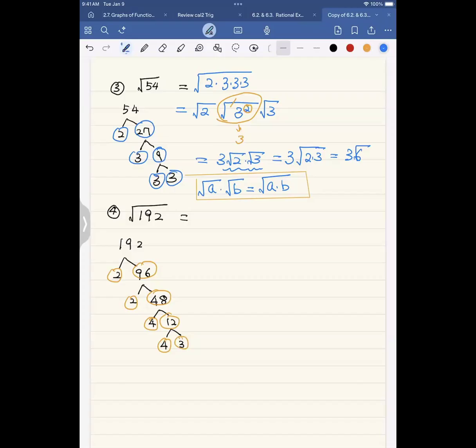So square root of 192 is square root of 2 squared times 4 squared times 3, since 4 appears twice. We can separate all of them, then that's square root of 2 squared times square root of 4 squared times square root of 3. So that's 2 times 4 times square root of 3, which is 8 square root of 3.